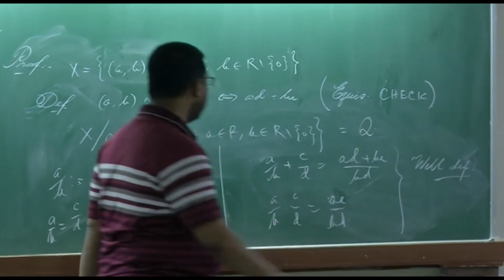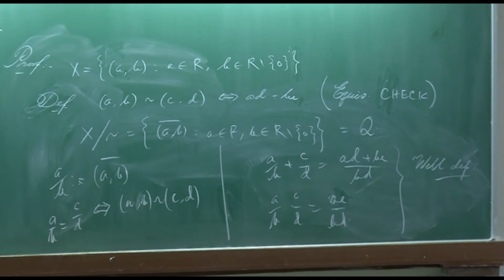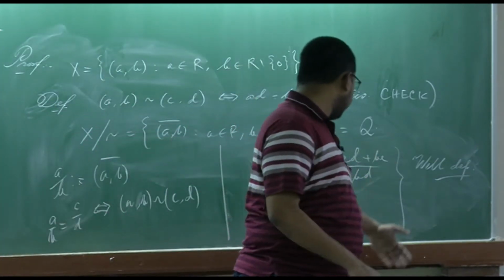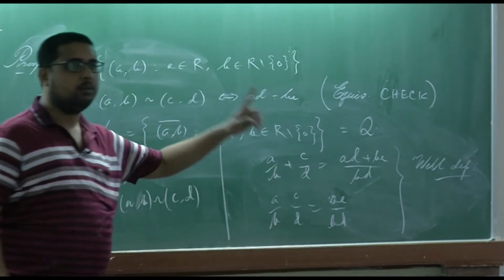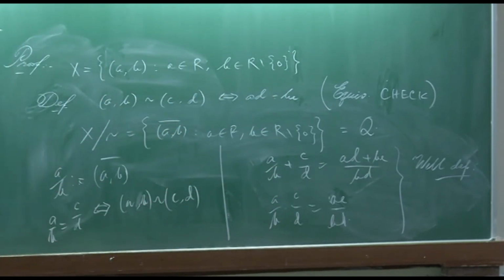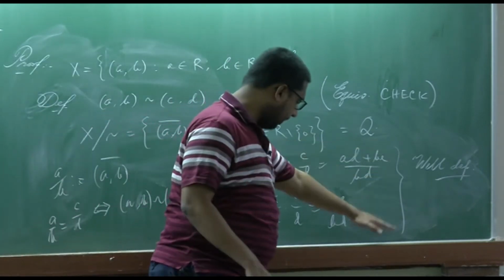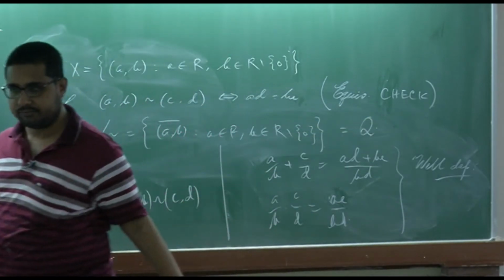Then you can immediately show that, the way these are defined, 0 by 1 is going to be the zero element, 1 by 1 is going to be the multiplicative identity, and that is how these operations make Q a field.